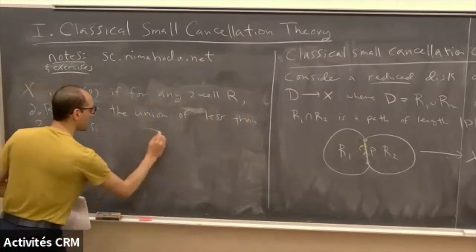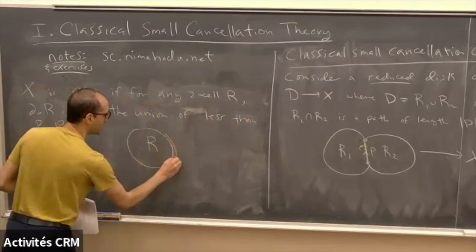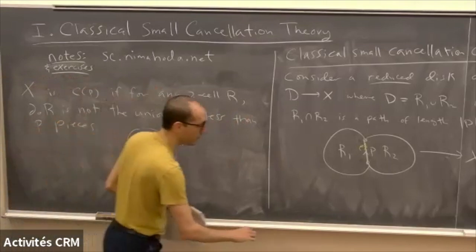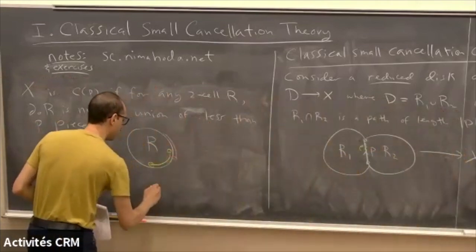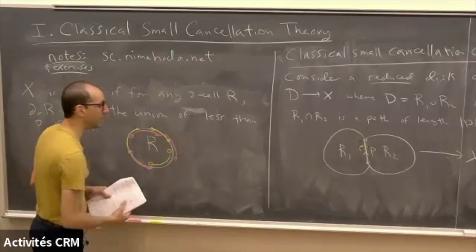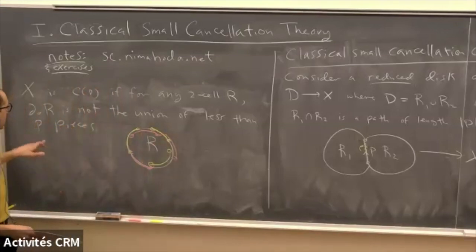So here's our two-cell R, and certain subpaths are going to be pieces, and we insist that there's no collection of them of size less than P that covers all of the boundary.